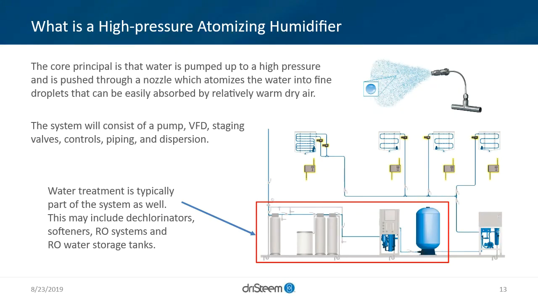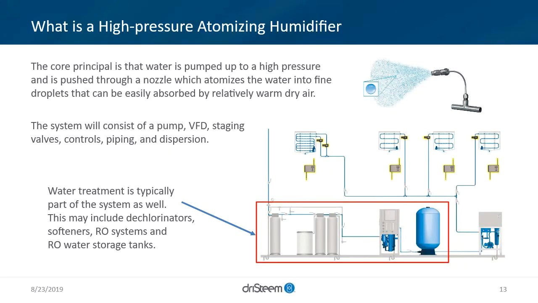But really what we're doing there with that water treatment is removing a majority of those dissolved solids to prevent white dust from occurring, essentially scaling and other minerals in there, which would obviously cause dirt and a need for cleanup in those different applications.